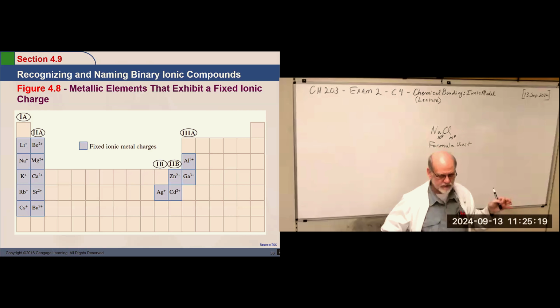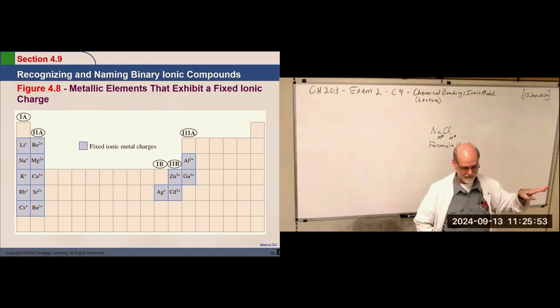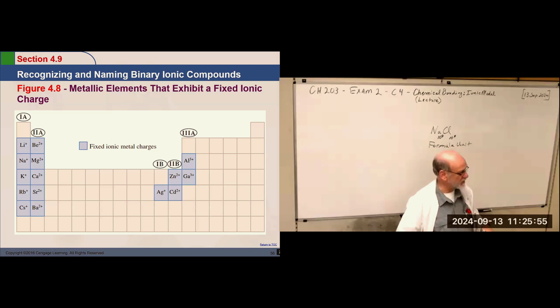Start with zinc on the far right of the transitions. It's a 2+. Below it, cadmium is a 2+, always in ionic compounds. And then to the left of cadmium is silver. It's always a 1+. The rest of the transition metals can have multiple charges. That's important to recognize when we start to build compounds. Those are fixed metal charges. Okay, all right.